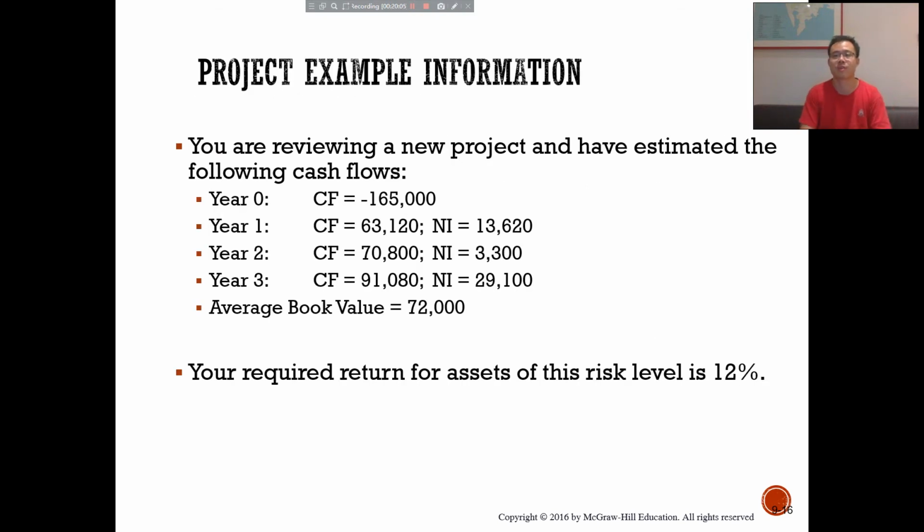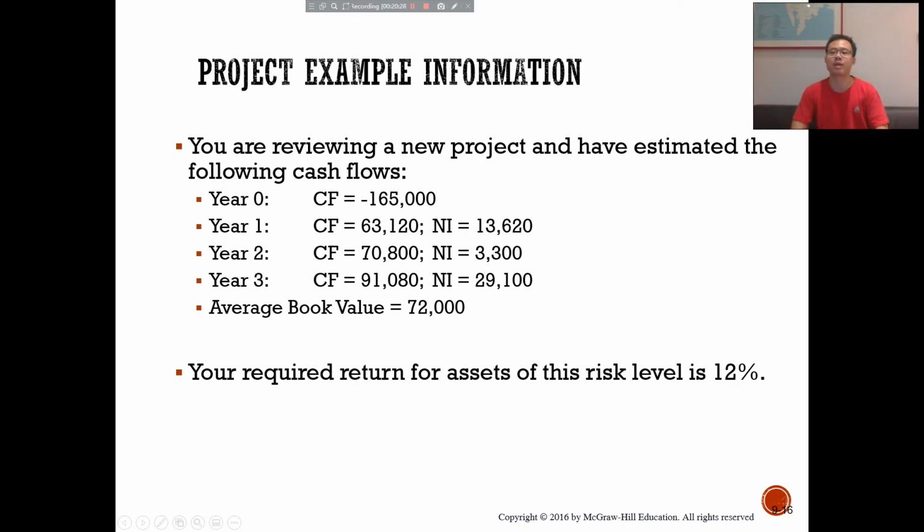Still, we consider this example. We are reviewing a new project, and we have the cash flows, we have the initial investment. Only the 4 cash flows will be used in this, and also the required return will be used in this calculation of discounted payback period.